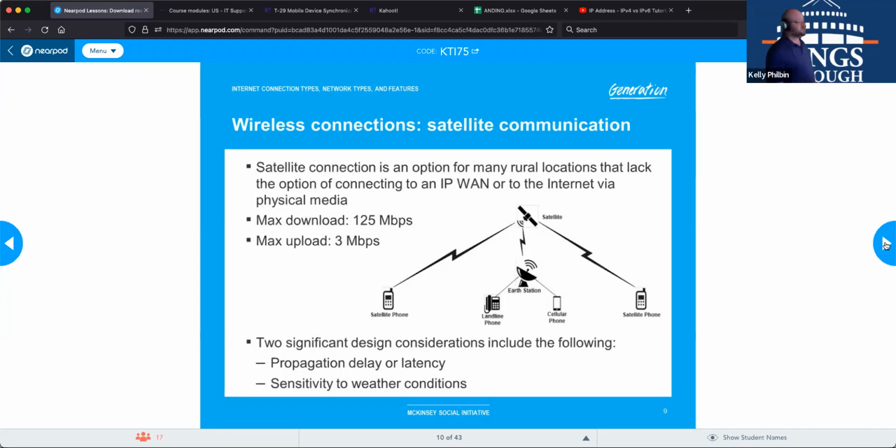We're talking tens of thousands of dollars just to get the line in. So satellite is a pretty viable option at that point.